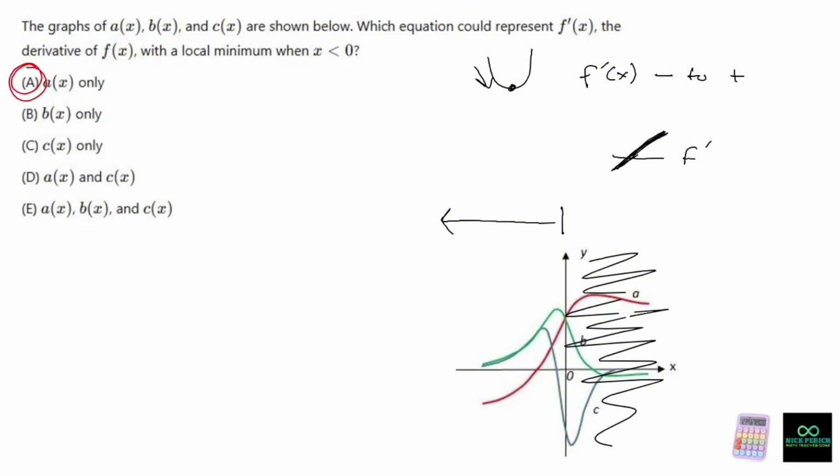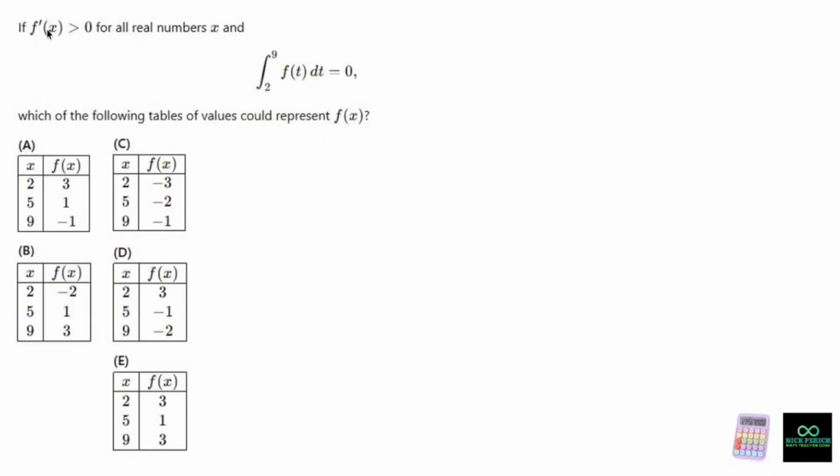No calculator needed. If the derivative of f of x is positive for all real numbers x, and the integral between 2 and 9 of f of t dt is 0, which of the following tables of values could represent f of x? All right, so we're looking at two things here. The derivative is positive, which means it's strictly increasing.